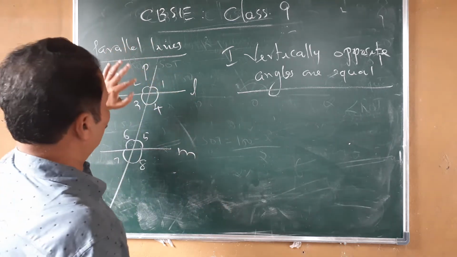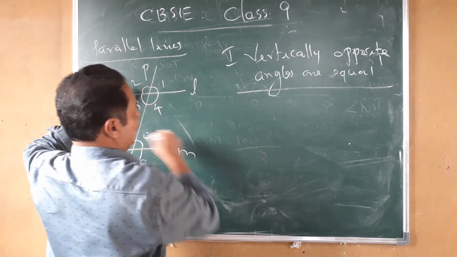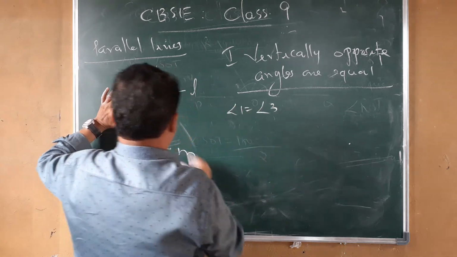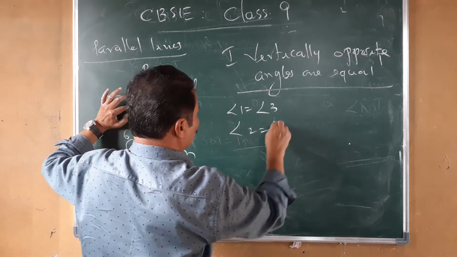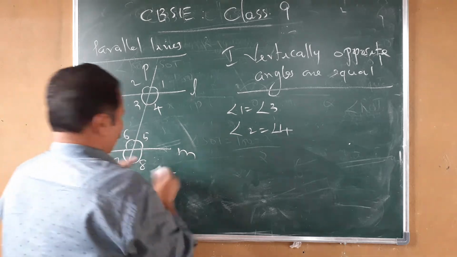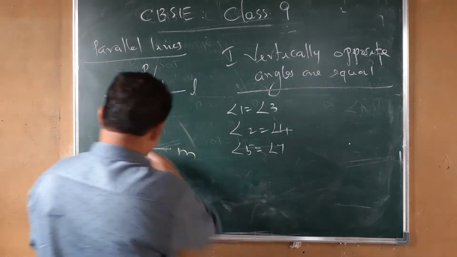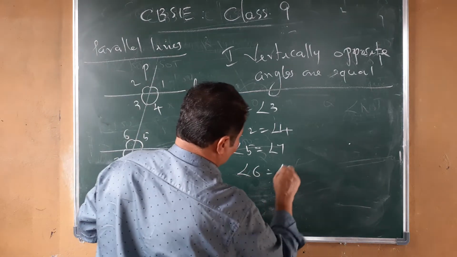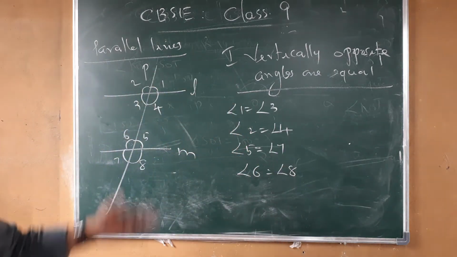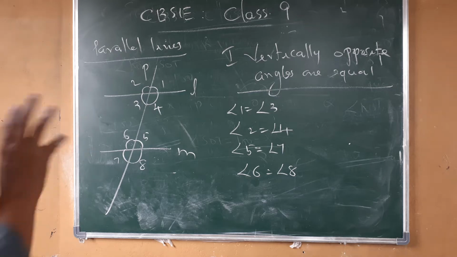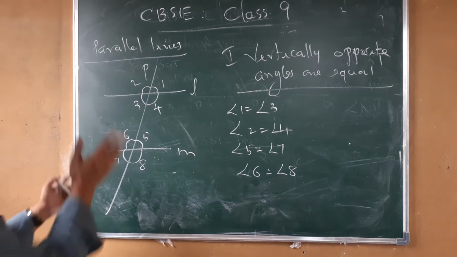Angle 1 and angle 3 are equal. Look at here, angle 2 and angle 4 are equal. Angle 5 is equal to angle 7 and here angle 6 equal to angle 8. You write the pairs also. There are 4 pairs of vertically opposite angles in the picture.